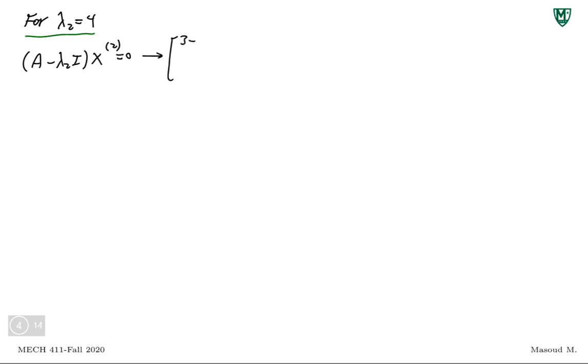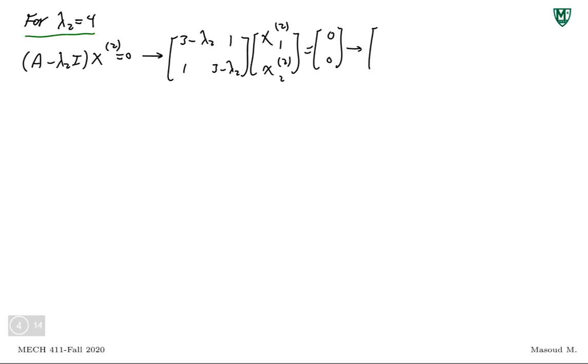That would be 3 minus lambda 2, 1, 1, 3 minus lambda 2, times x2,1 and x2,2, equal to 0, 0. Now lambda 2 is 4, so this becomes 3 minus 4, which is minus 1, 1, 1, and minus 1, times x2,1 and x2,2, equal to 0, 0.